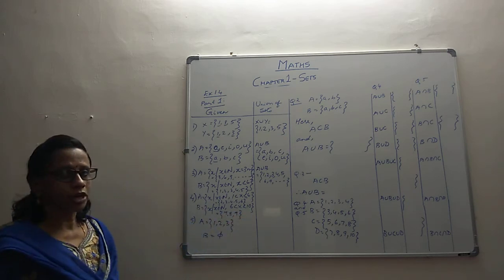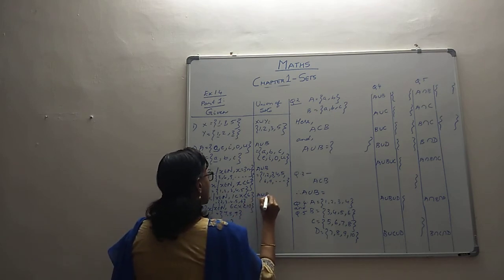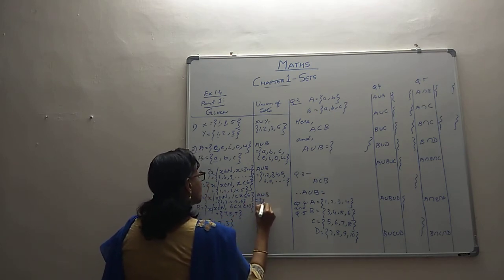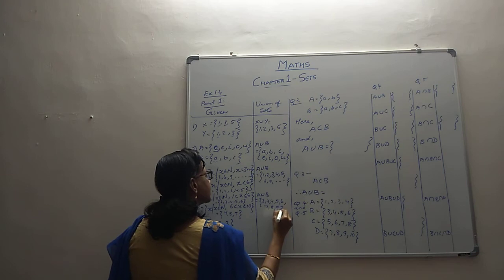Now, when we talk about the union, A union B will be equal to 2, 3, 4, 5, 6, 7, 8 and 9.